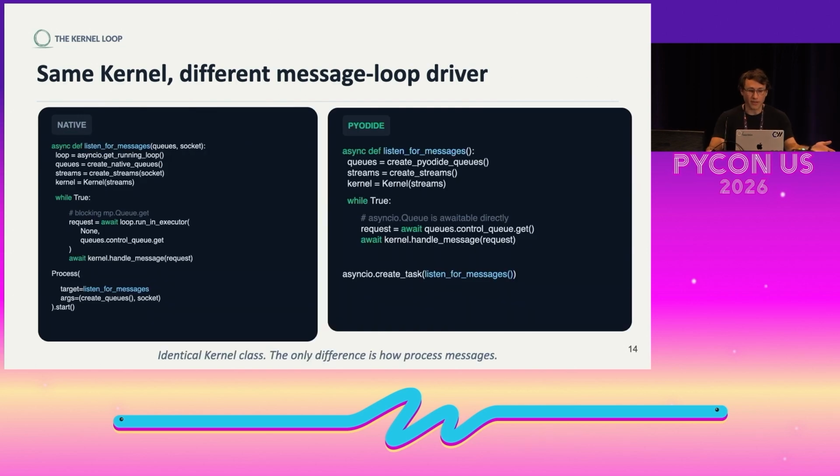Comparing the native code and the Pyodide code, it looks quite similar. On the left, we're using a process and a queue to communicate over IPC. On the right, in the Pyodide version, we're just using an asyncio queue. So we can await that directly, and we have the same while true loop. In the native code, we spawn it with a process, and in Pyodide, we just create an asyncio task that runs forever.